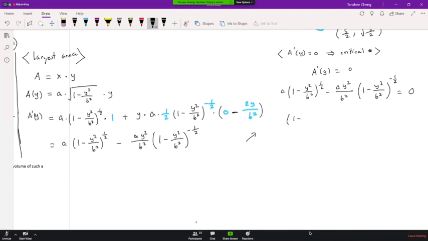It will become 1 minus y squared over b squared to the 1/2 power, minus y squared over b squared times 1 minus y squared over b squared to the negative 1/2. I divide everything by a. So now the next step is how do we get rid of this negative 1/2 power? Basically, we multiply both sides by this.